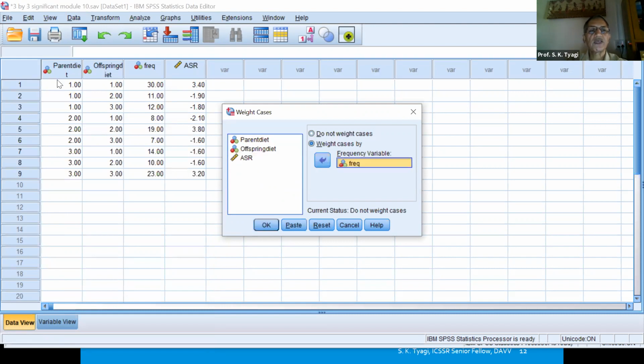This means actually this 1 1 is 30 times. 1 2 is 11 times. So you will come up to 134 rows simply, and just click OK. It will automatically weight the cases.